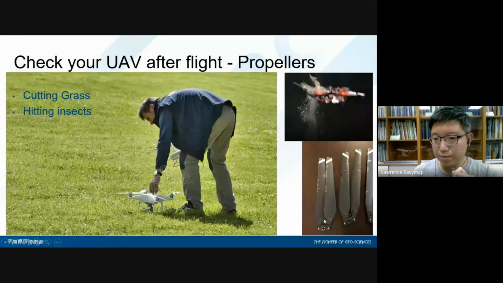Those damaged edges or incomplete propellers will reduce the efficiency of the flight, or even cause some hazard, or maybe the propeller just falls off during the flight, so your UAV will simply crash. So it is always important to check your propellers.